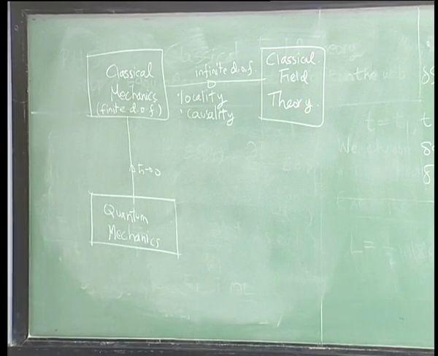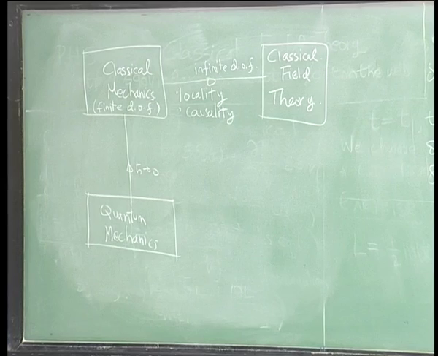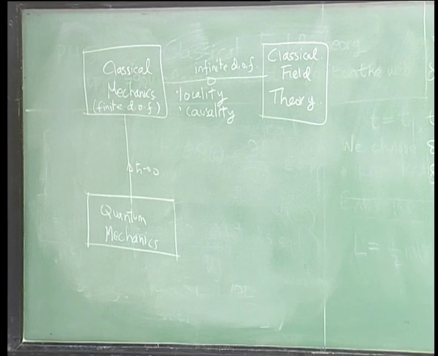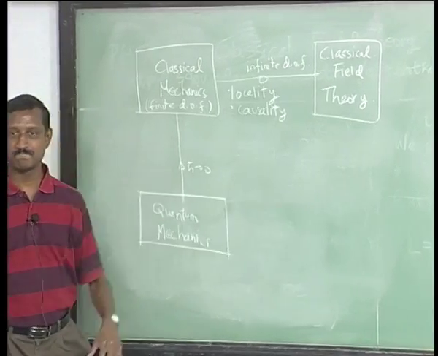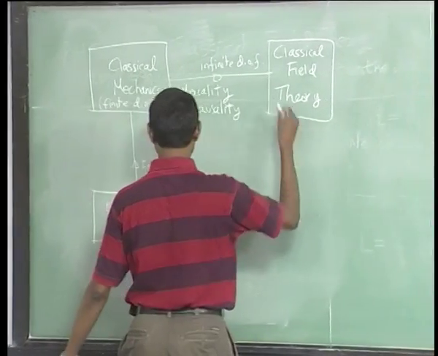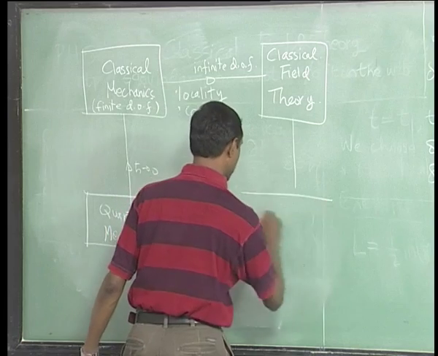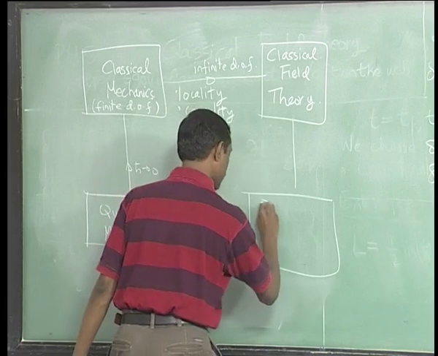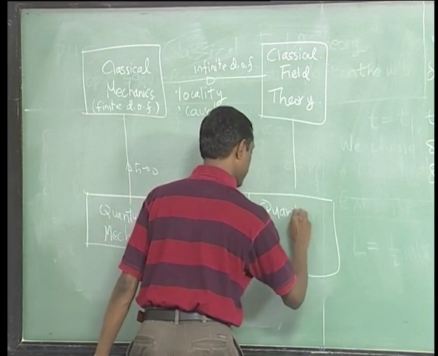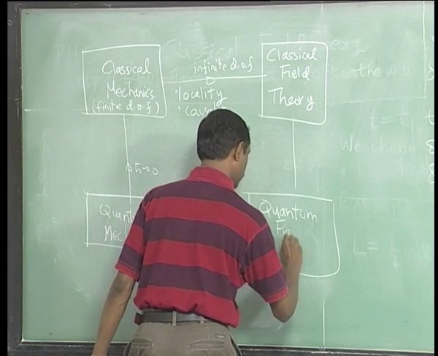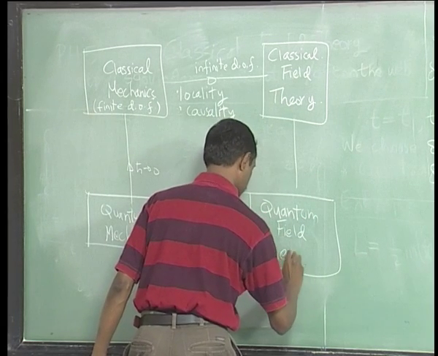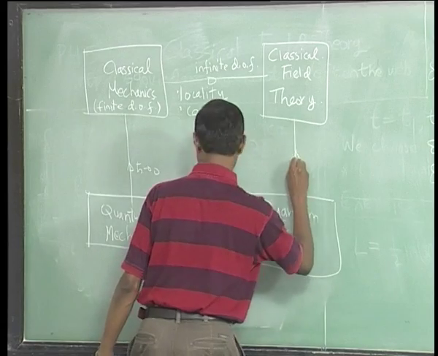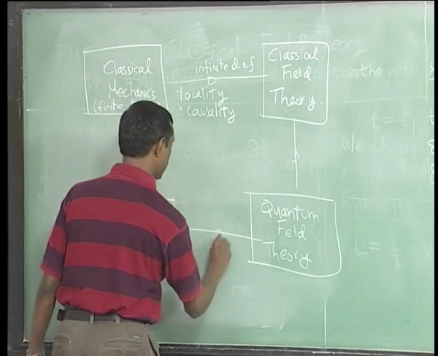This will more or less conclude my lecture, but obviously there is a box missing, because I could do the same thing out here. And so we could do a similar thing, and this box is called quantum field theory. So again, there is a similar arrow to this.